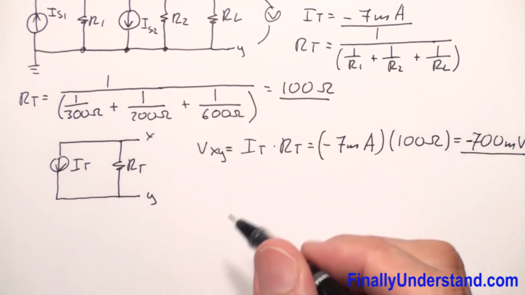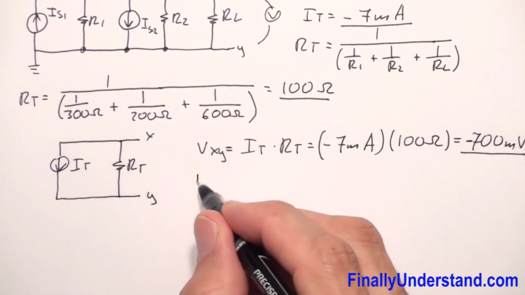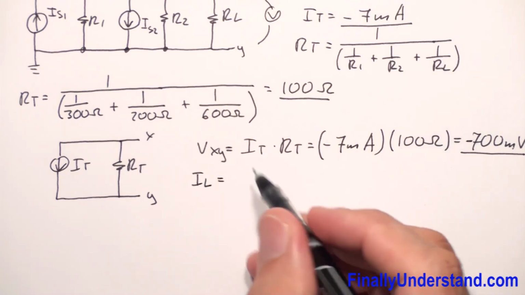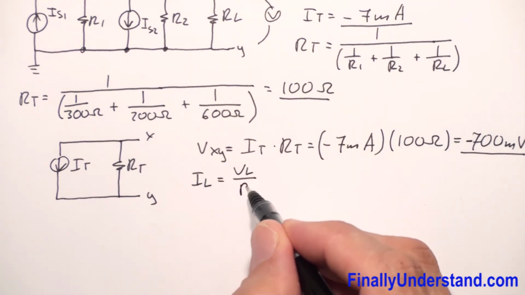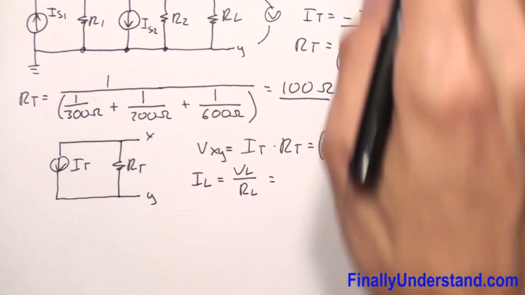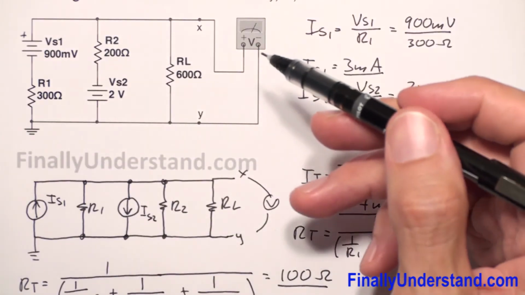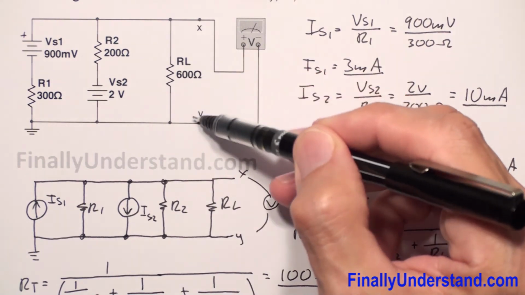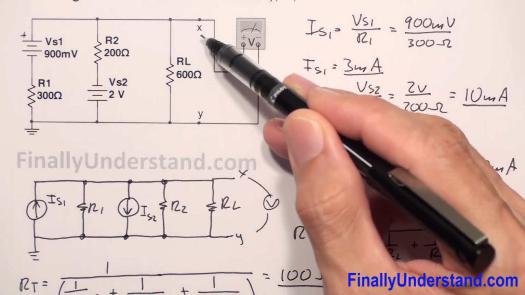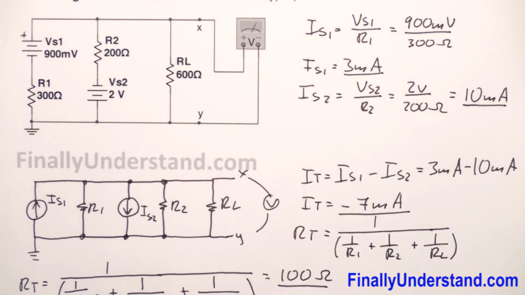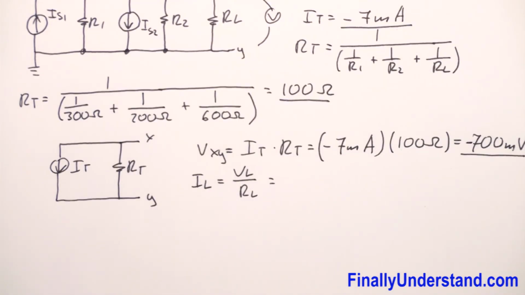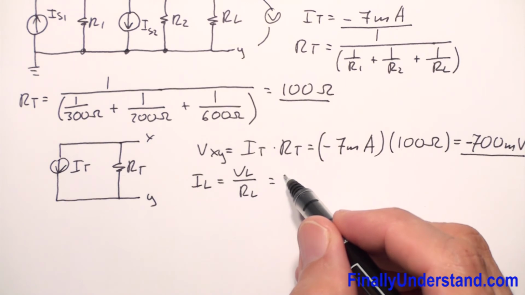So next I'm supposed to find IL. IL is equal VL over RL. Please keep in mind that VXY, the voltage between these 2 points, X and Y, is the same voltage which appears across resistor RL. That's why I'm going to use that voltage over here.